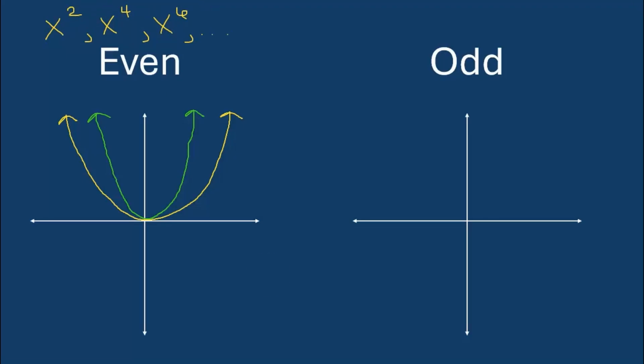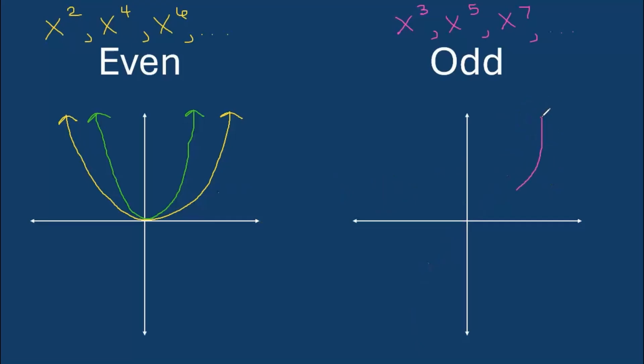Odd functions, on the other hand, are functions that have odd exponents. X to the third, x to the fifth, x to the seventh, and so on. These are going to look like a cubic function. There's a 3-point curve. It looks similar to, and in fact, I've not drawn it quite as similar.